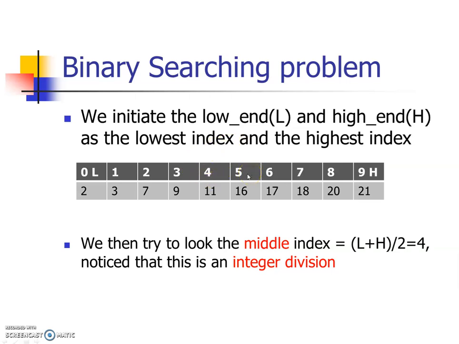So it will be middle plus 1 equals our low index. So it will change my low index to 5, high index equal to 9, indicating that these are the range of the elements that we want to search. In other words, it is basically the right side of the middle index. Let's take a look at this.